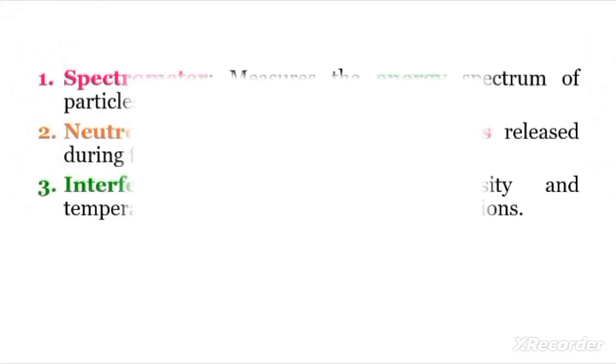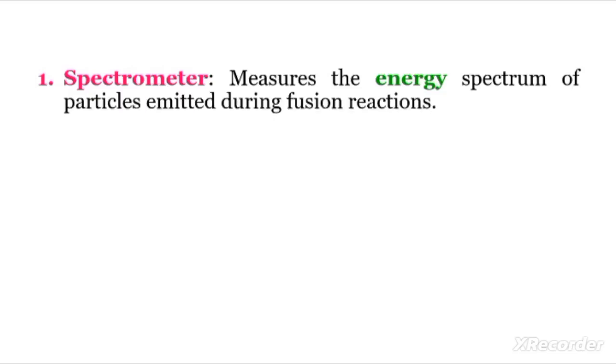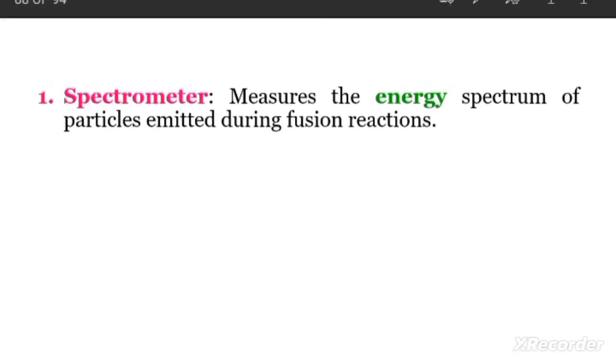Okay, we move to B. B, Roman numeral 1, name a device that can be used to measure nuclear radiation. Here we have a good number of devices. Number 1, we have the spectrometer, which measures the energy spectrum of particles emitted during fusion reactions.